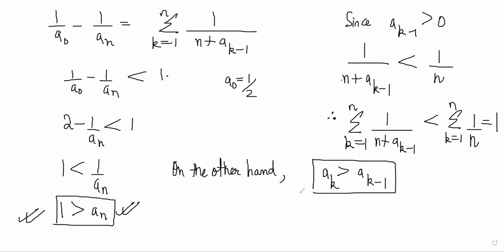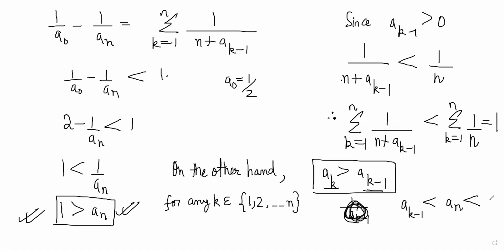So therefore, for any k belonging to 1 to n, we have 1 by ak minus 1... Because ak is bigger than ak minus 1, we can say that the highest possible value will be an. So we can say ak minus 1 is less than an is less than 1.